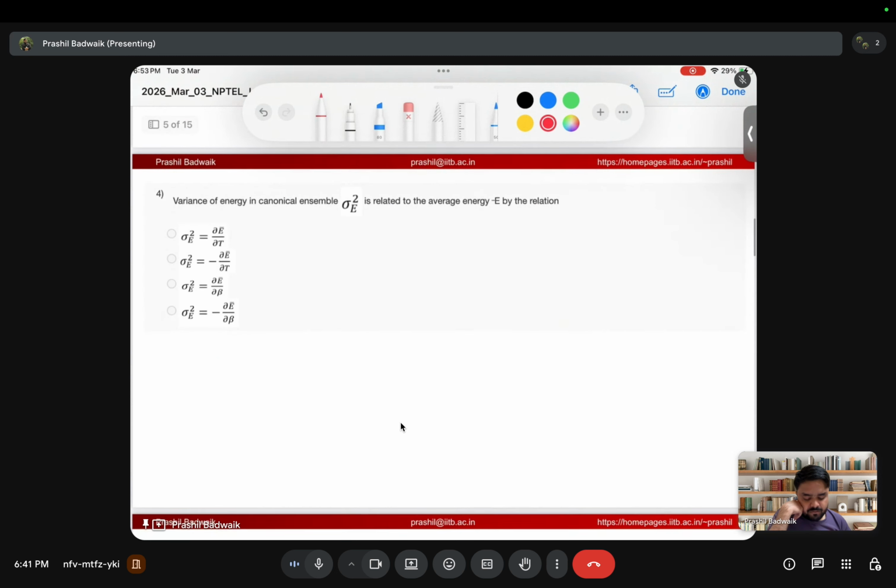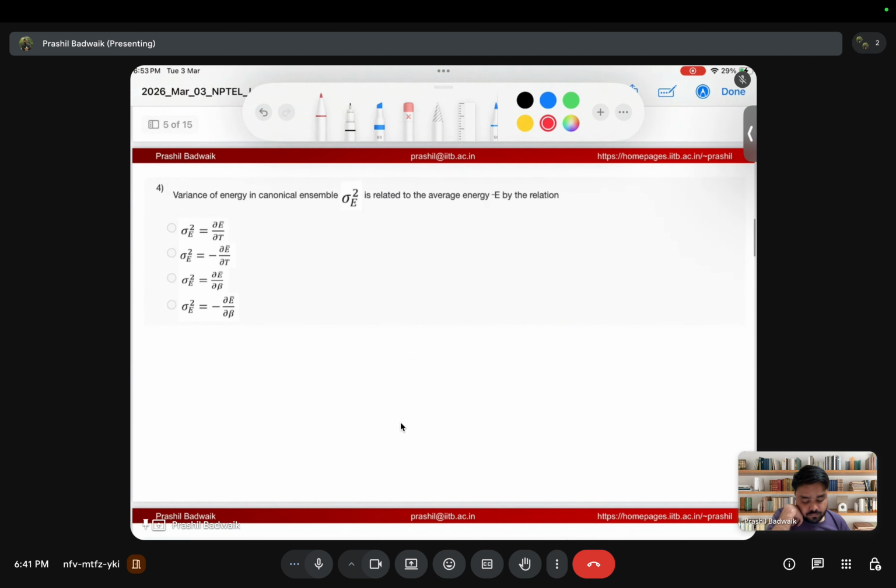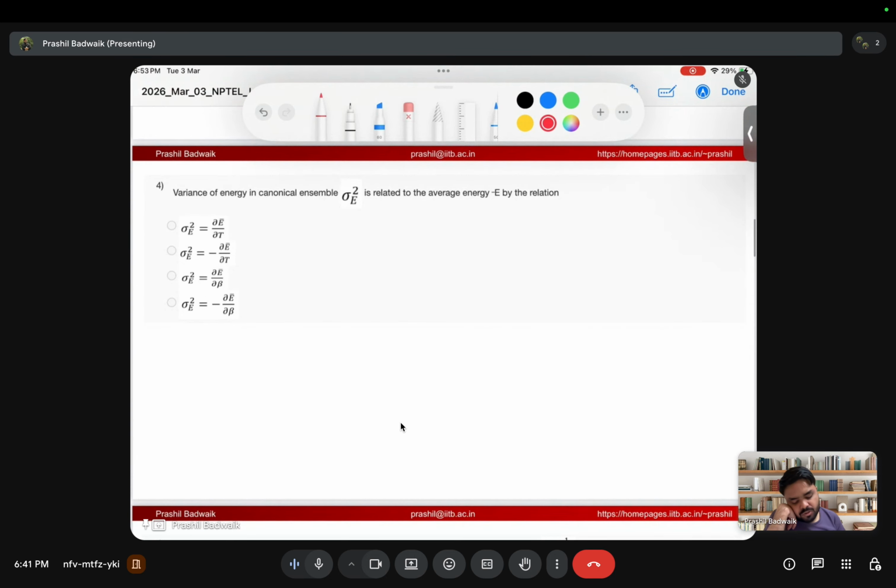Then question number 4 is there. Variance. We know, in class we have solved how energy is varying, and it is related to average E, right? And then we got the formula that T is equal to minus del E by del beta.